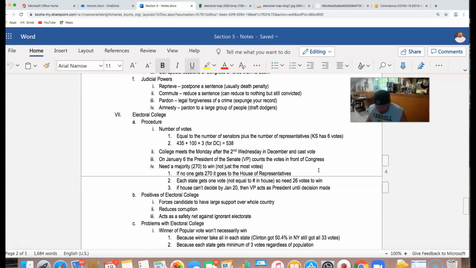Now, the Electoral College, like I said, that's happened twice. The proverbial question is, what if it's a tie? 25 states to 25 states. Well, this is what happens. The outgoing vice president, I have that right here: if the House can't decide, the vice president will act as president until a decision is made. Now that's kind of an unfair advantage.